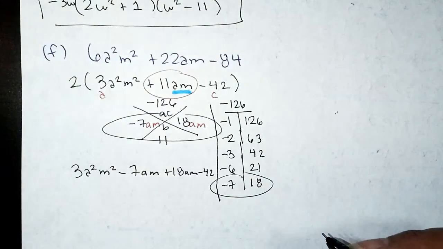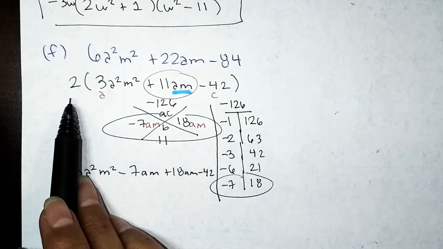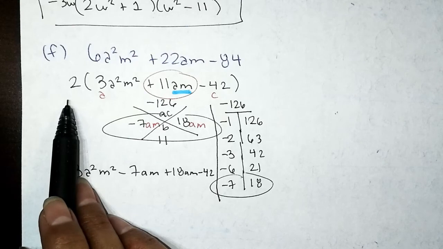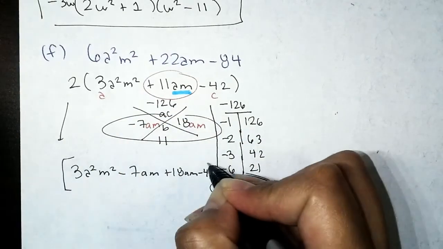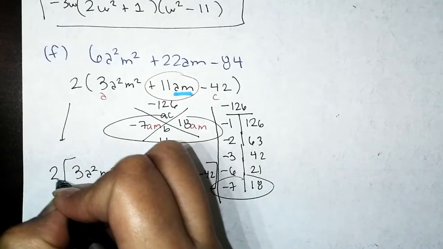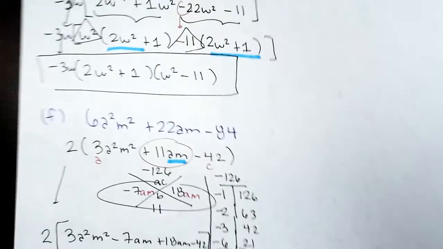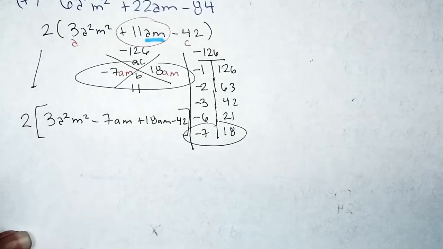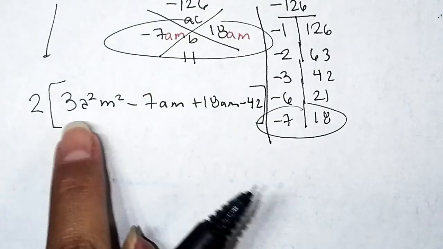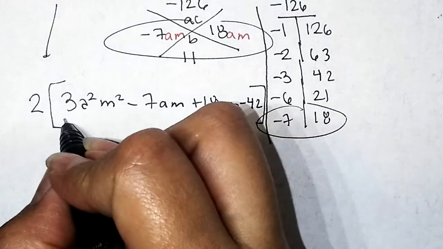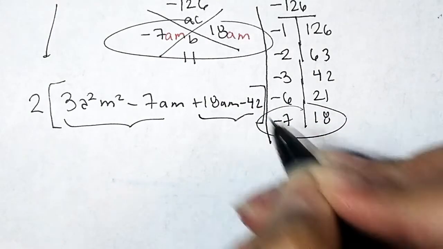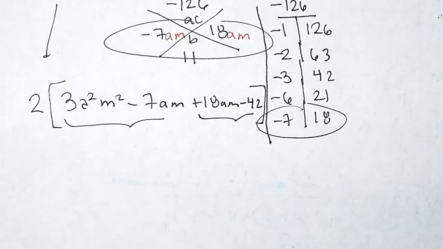And then we don't want to forget to bring down the common factor. I'm going to put a big grouping symbol. You can put parentheses or brackets, whatever you like. Now that we have 4 terms, let's factor by grouping. We're going to group the first 2, and then group the last 2. So let's take it from there.